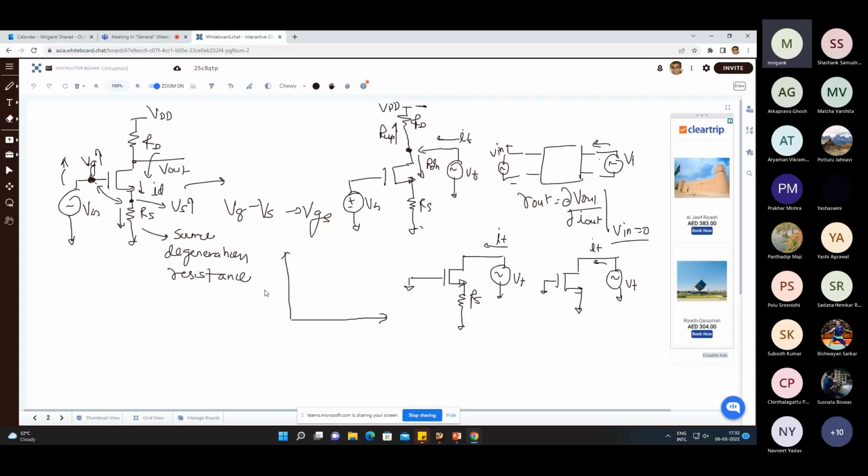So it follows the ID versus VDS curve, a standard ID-VDS curve, and we know the output impedance will be given by RO. This is case 1, which is well known.